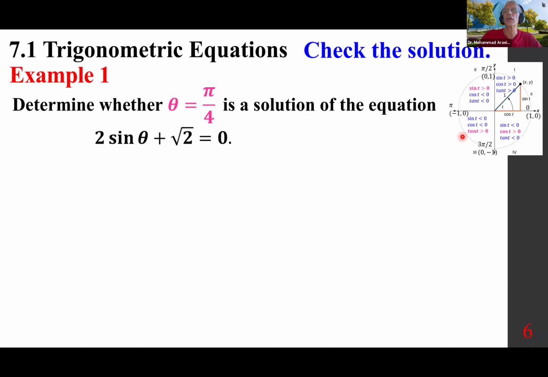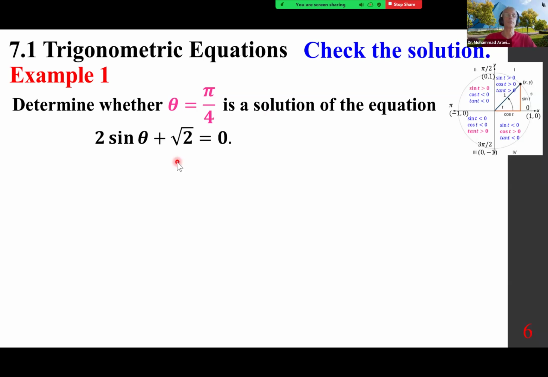In the third quadrant, tangent is positive, and therefore cotangent is positive. In the fourth quadrant, cosine is positive, and therefore its reciprocal, secant, becomes positive. And so we need to remember that. To solve this, we are going to move the square root of 2.